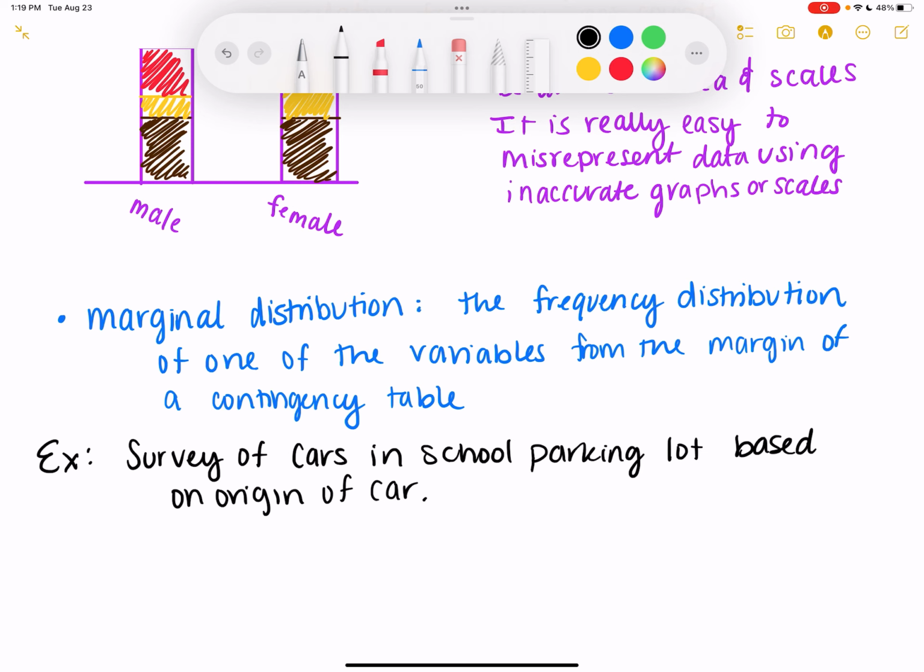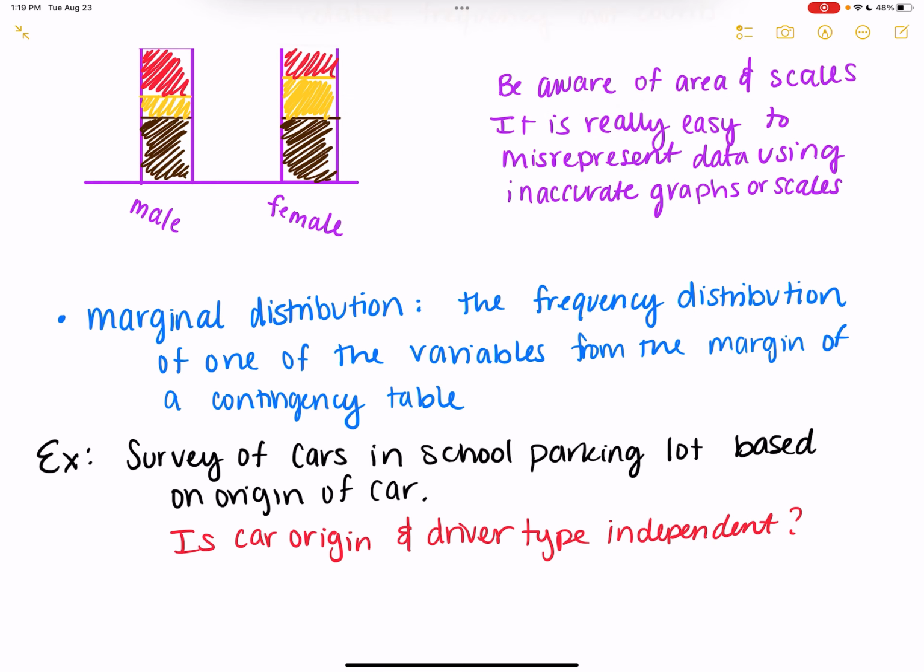And then the big question that it's going to ask is: are car origin and driver type independent? So it's going to be based on student and staff, and then it's going to have the country of origin.